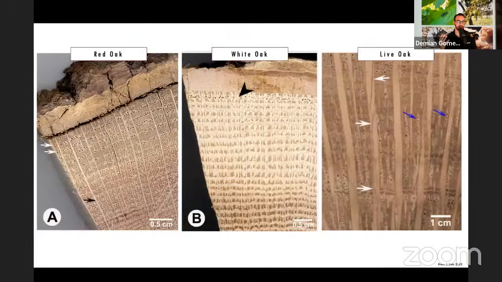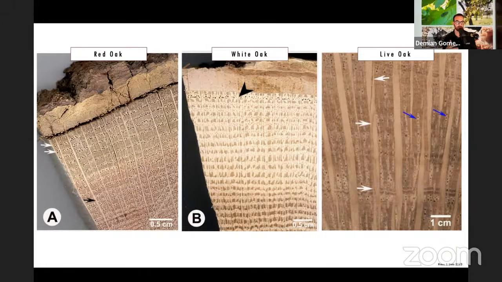And when you look at the anatomy of the trees, it actually gives you a lot of answers on why this different susceptibility might be happening, right? So, for example, if you look at the vessels on the oak trees, you can see all these little black dots on the image. Those are ideal routes for the spread of the fungus within the tree, right?